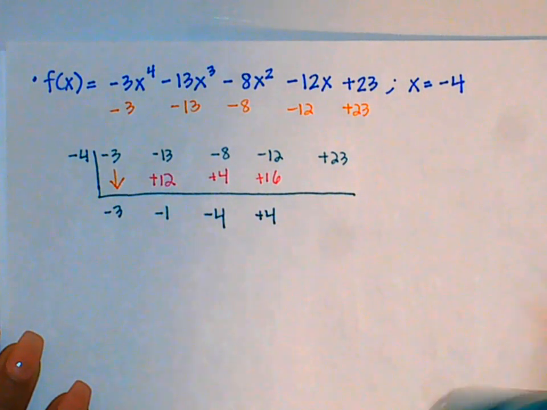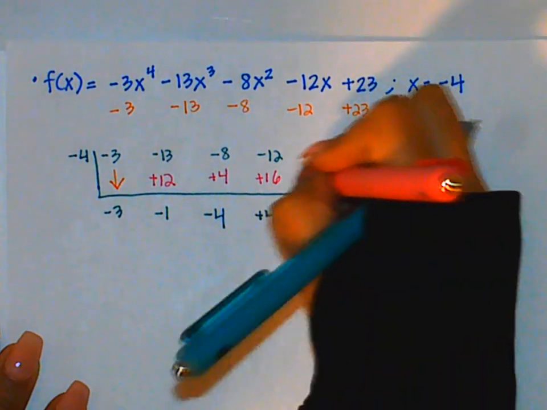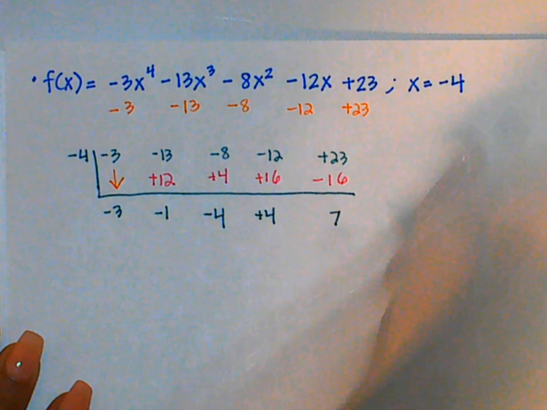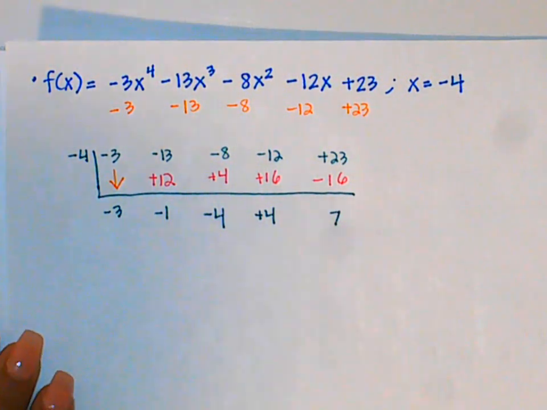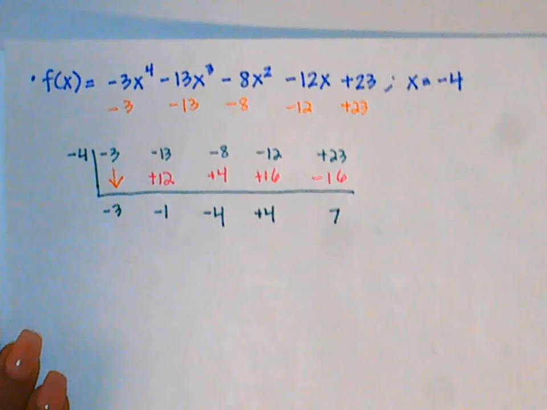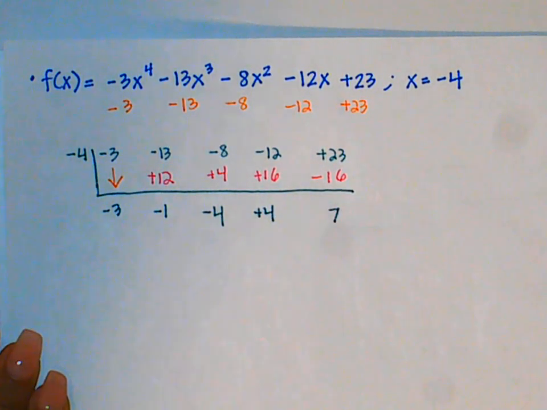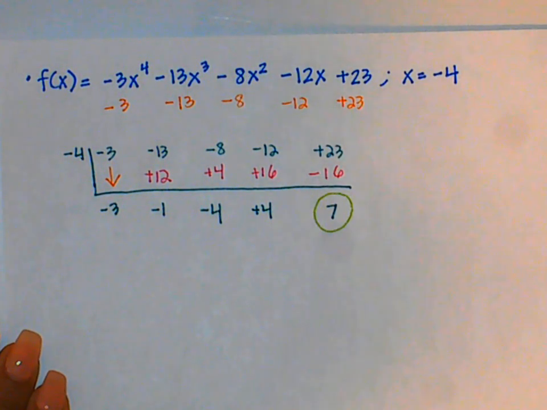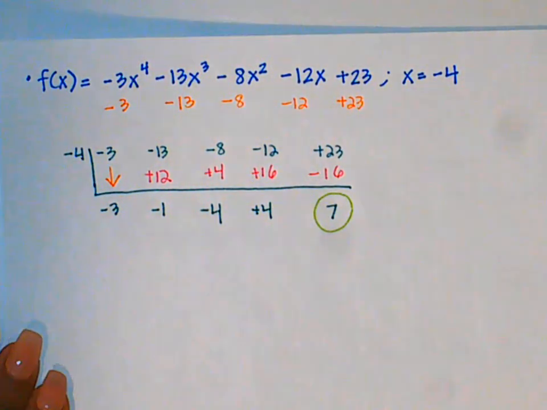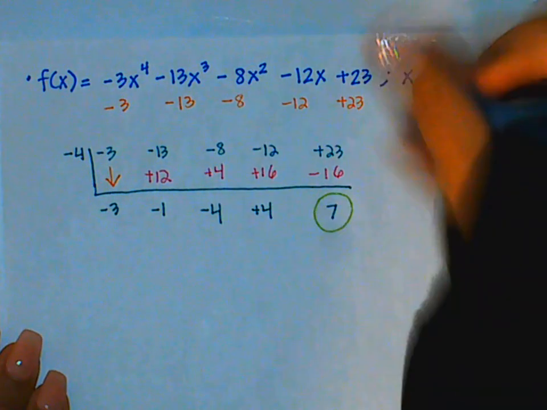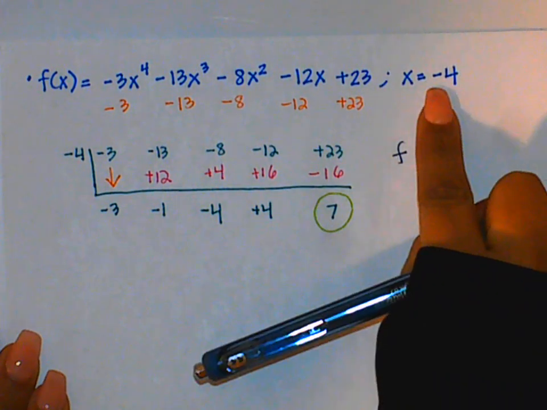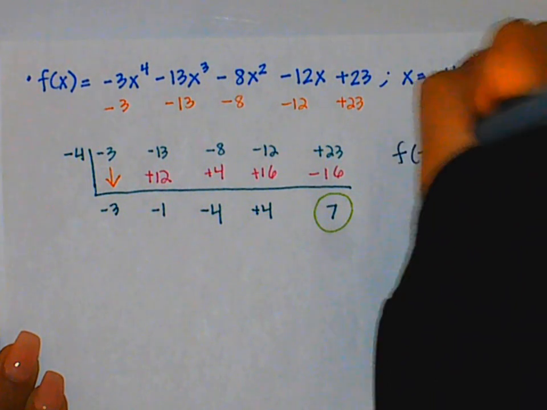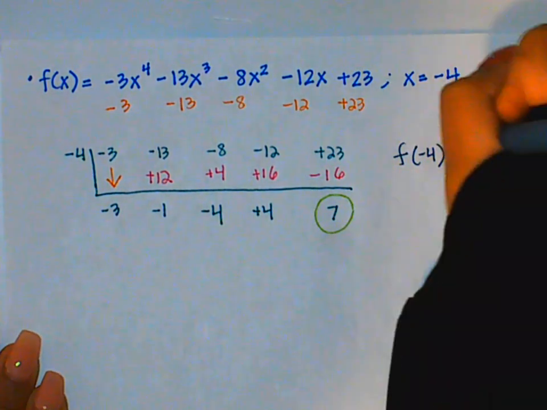That would give me a negative 16, and that gives me a 7. Since for this, I only care about what that value is, I'm only going to focus on that remainder, which is 7. So I know that when x is equal to negative 4, so f of negative 4, I get 7.